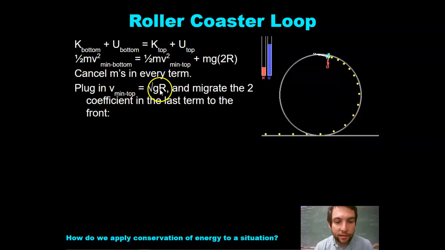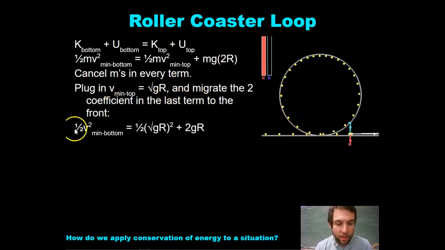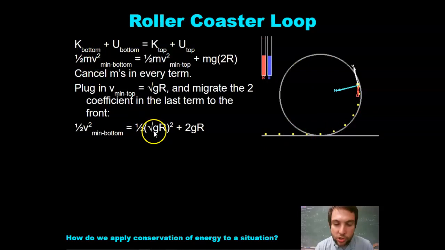Plugging in v at the top equals square root g times r, and moving the 2 coefficient in the last term to the front, we get 1/2 v squared on the left side, and then we have 1/2 (square root of g times r) squared plus g times 2r. Masses cancel out, and we substituted the velocity.